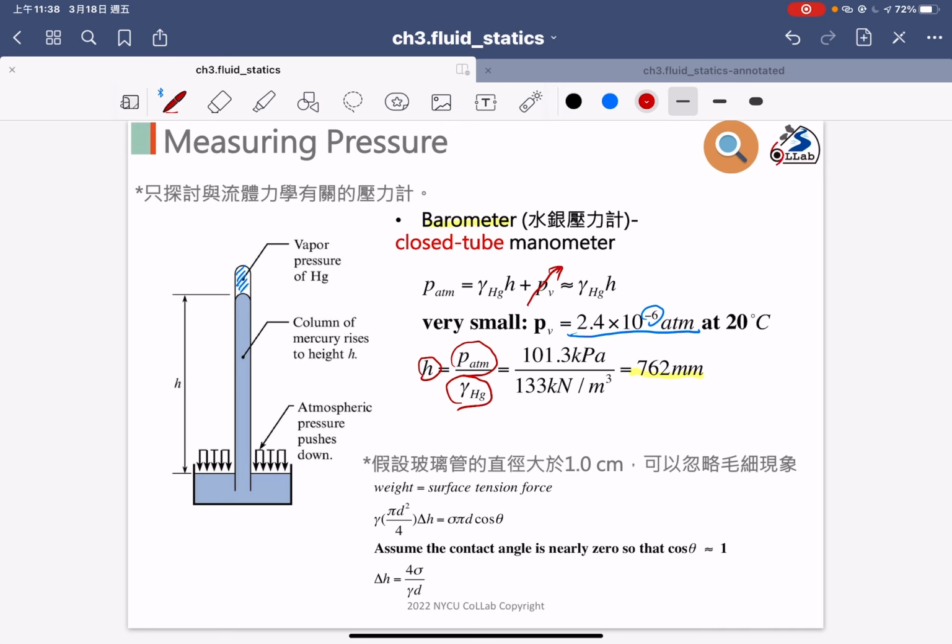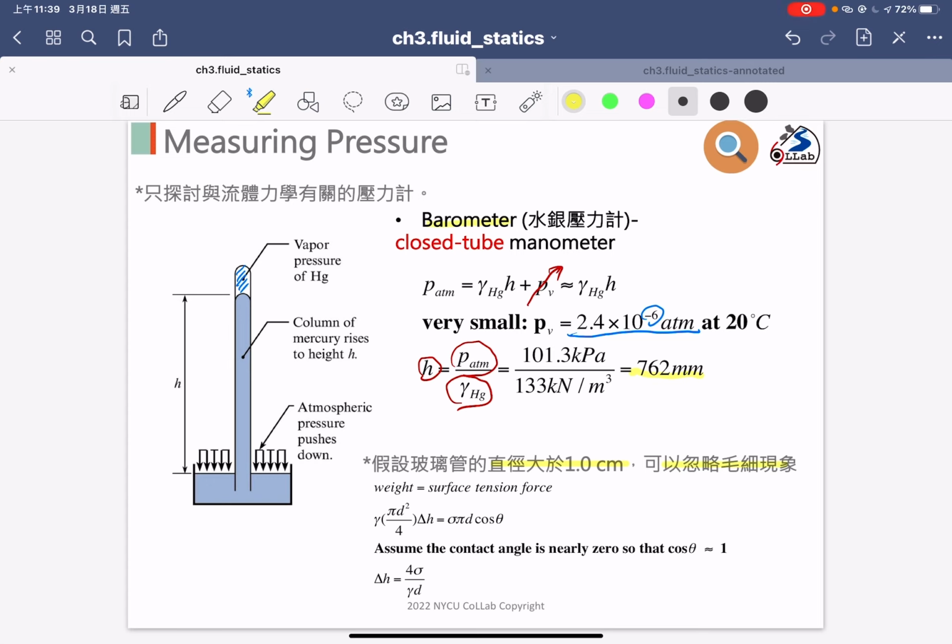Okay, and another problem here, as I mentioned, if we put the liquid into the tube, you need to consider the surface tension effect. But when we design the tube, we use a very large diameter, larger than 1 centimeter, and then we can neglect the capillary phenomena.